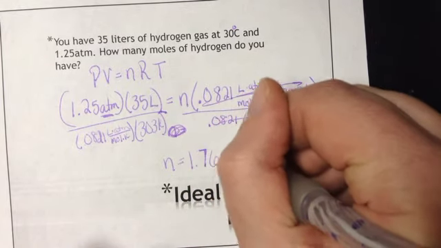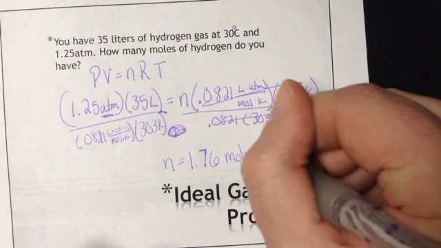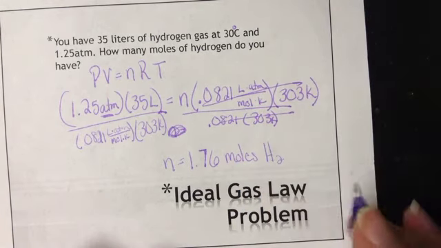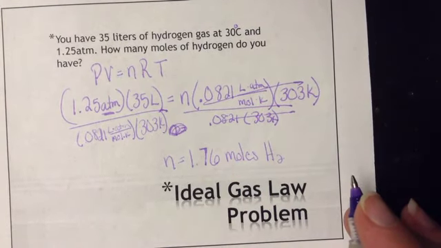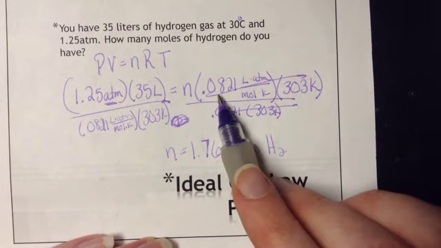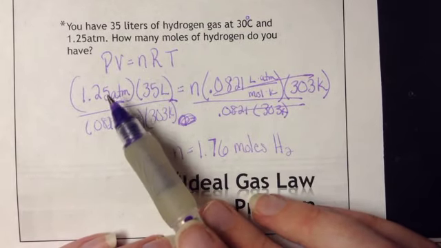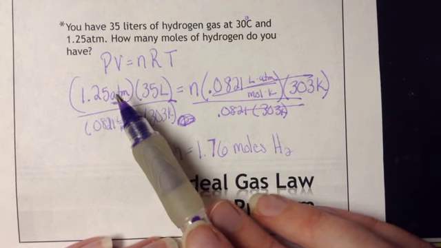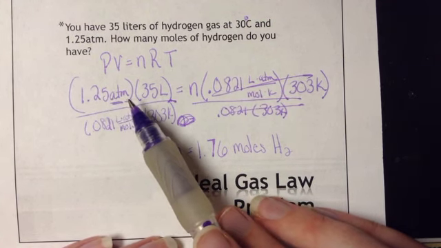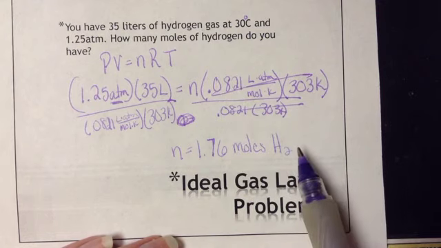What is n? Moles of hydrogen gas, of H2. That's how I write hydrogen gas. So again, we used 0.0821 because our pressure was in ATMs. If our pressure was in kilopascals, I would use the 8.31 here.